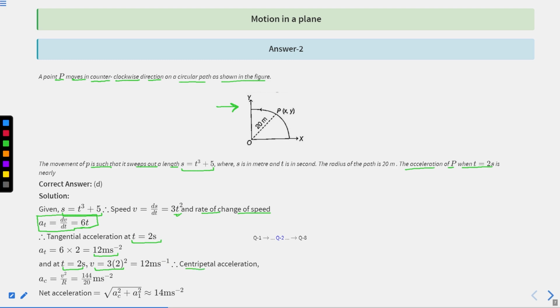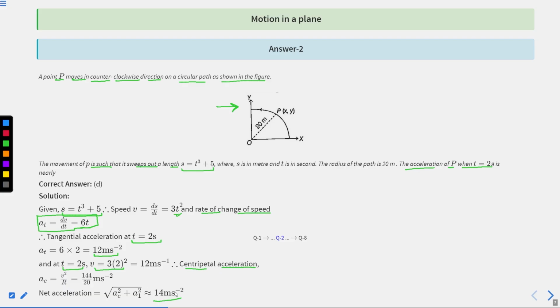And the centripetal acceleration ac equals v square by r, which is equal to 144 divided by 20 meter per second square. So the net acceleration is under root of ac square plus at square, which is equal to 14 meter per second square.